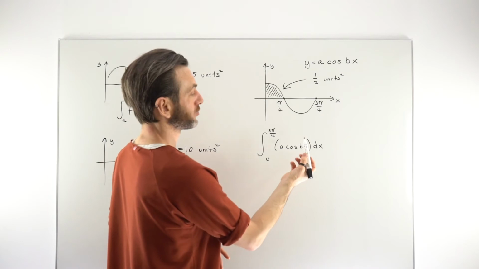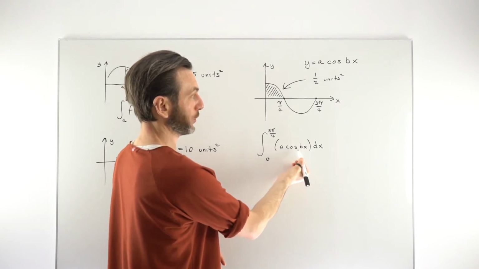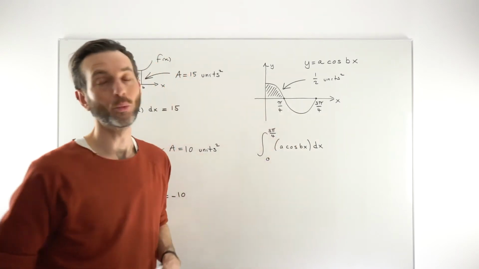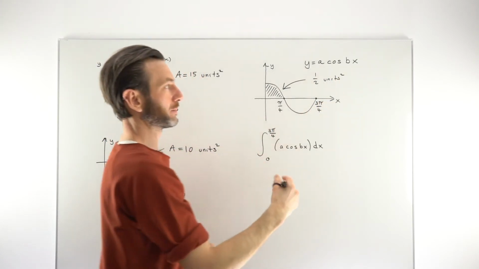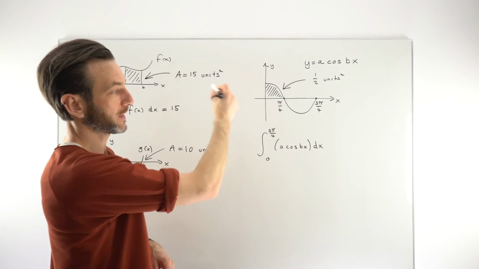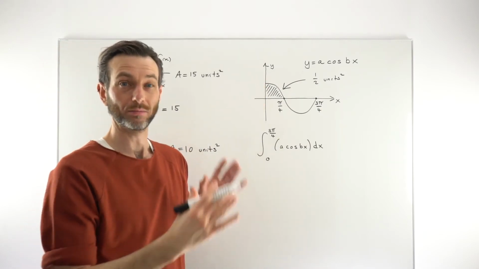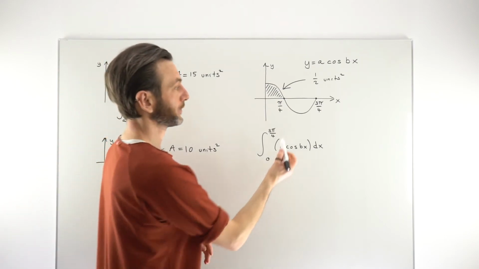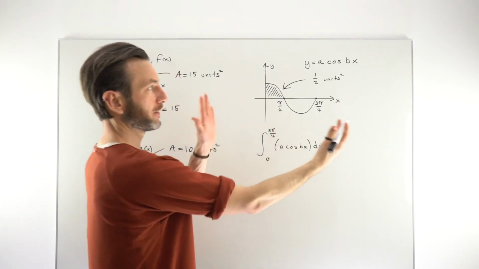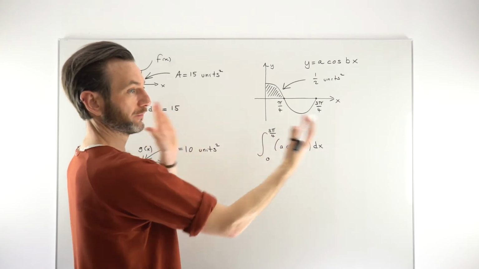Now, you can try to work out the a and the b values, and in fact the b value you can work out, because the b value in this scenario, remember, represents the number of cycles of the cosine graph in its period of 360 degrees, or 2 pi radians. Or another way to think of it is that the graph gets squished by a certain factor.